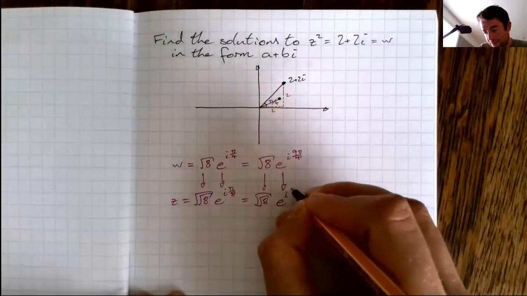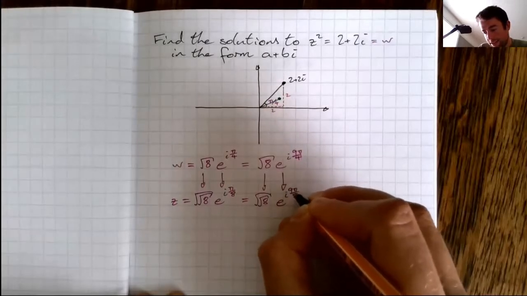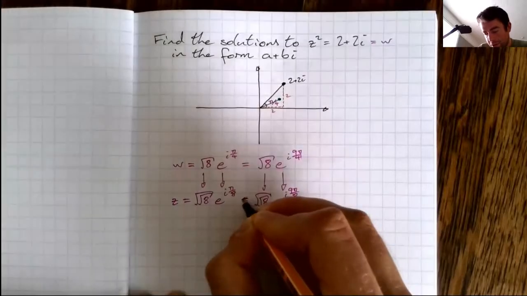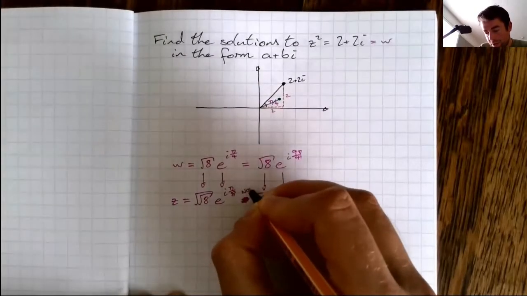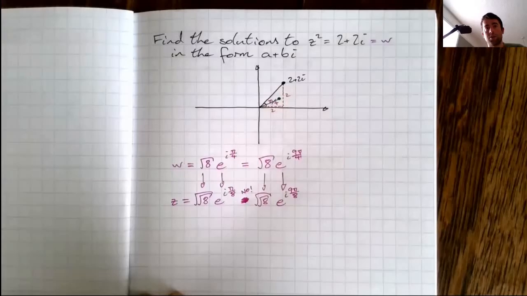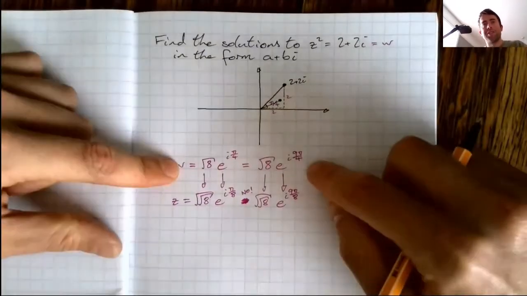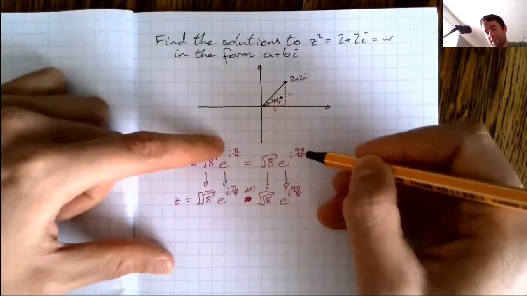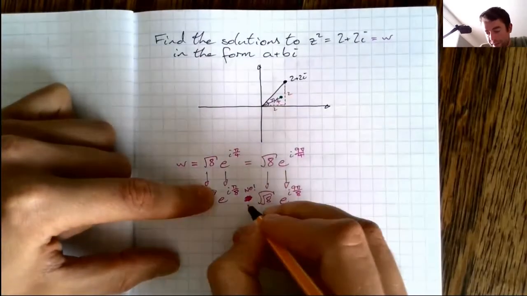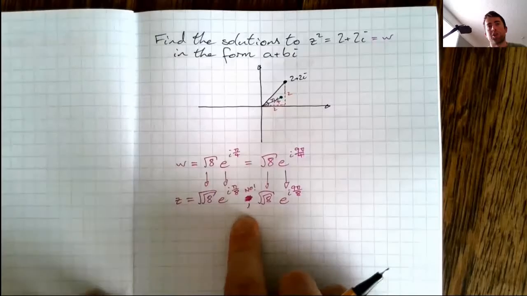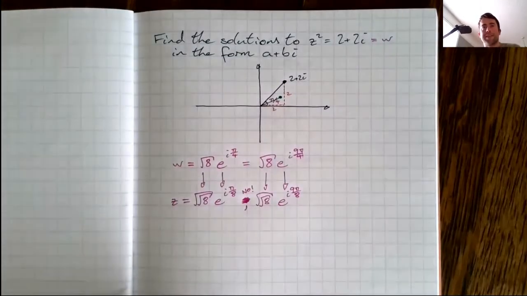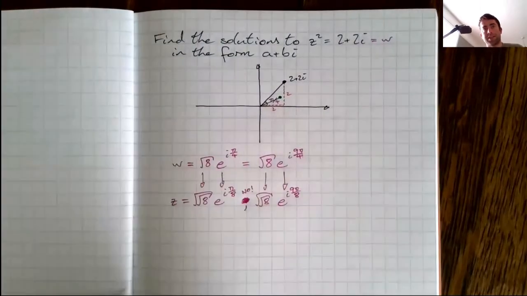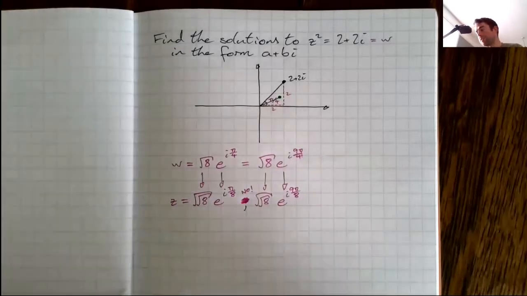We get 9 pi by 8. Now, those two numbers are not equal. These two original ones were equal because we just added on 2 pi, but in halving the argument, we've split them up. So put a comma in between them instead. We have these two complex numbers now as our solutions.